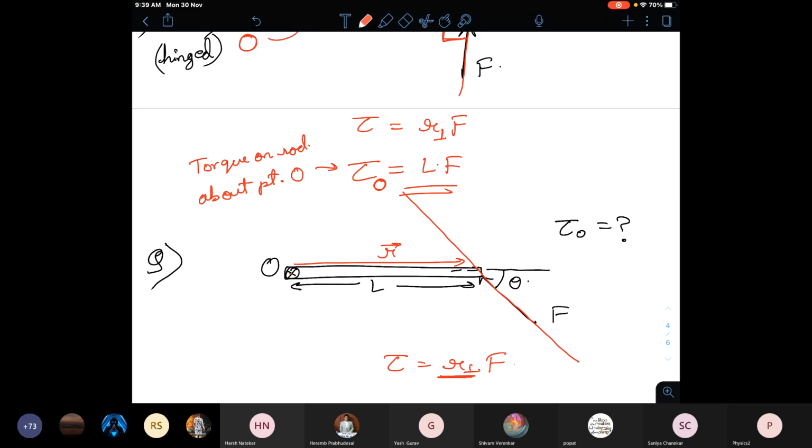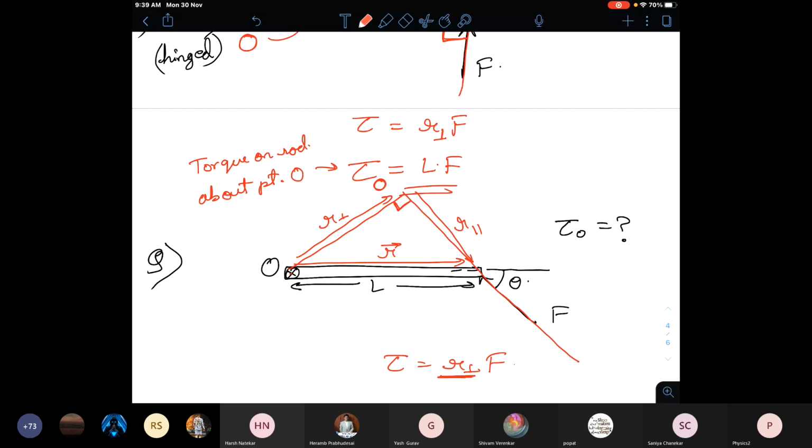To make it perpendicular, I will have to draw a perpendicular line like this. Now this R will have a perpendicular component and a parallel component. I am not interested in the parallel component. I am interested in the perpendicular component, so I need to find this length.